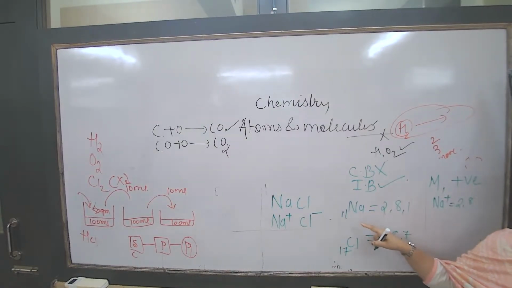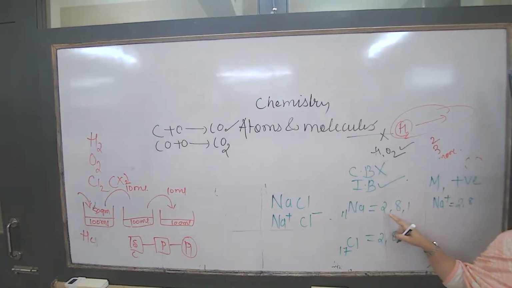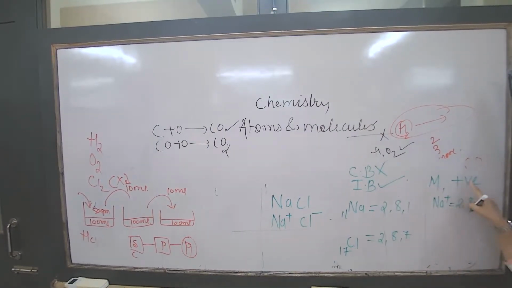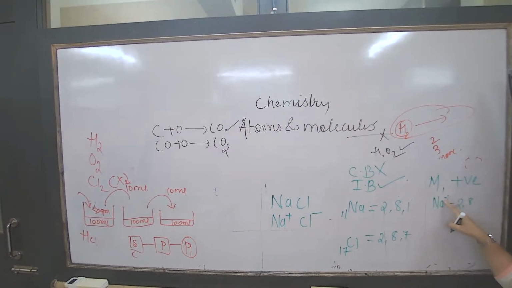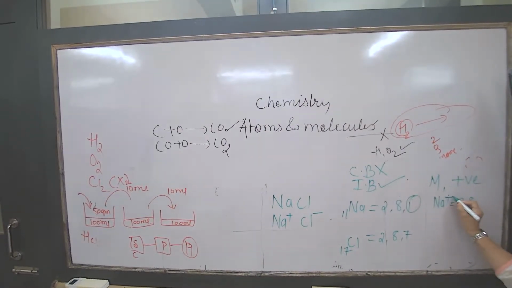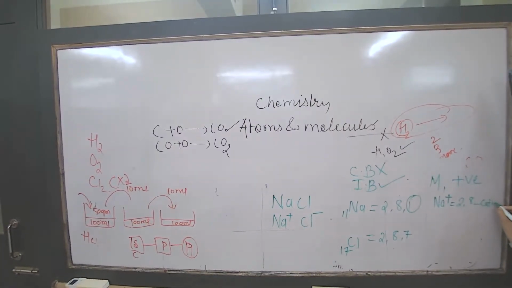No, it is neutral, with electronic distribution 2, 8, 1. Here I have removed one electron as it is electropositive. This sodium metal is converted into a metal ion with electronic configuration 2, 8 because of the loss. The ion which carries a positive charge is known as a cation.